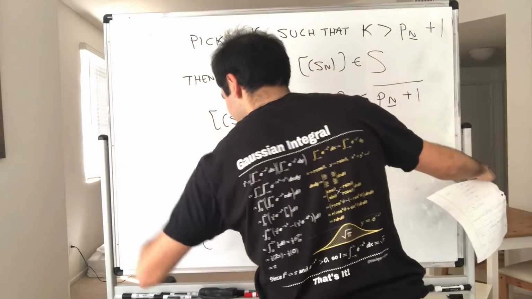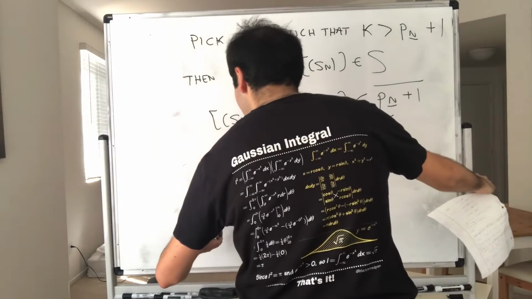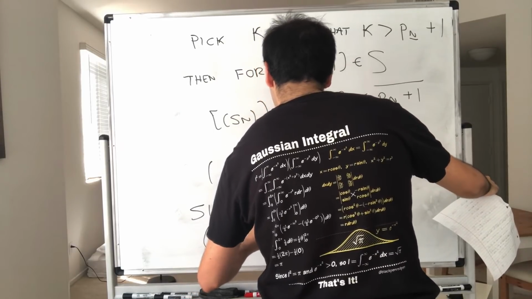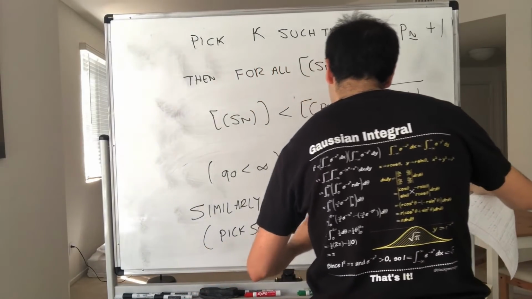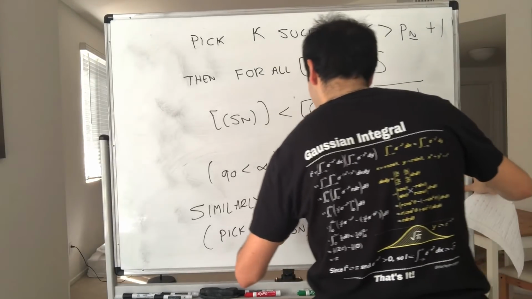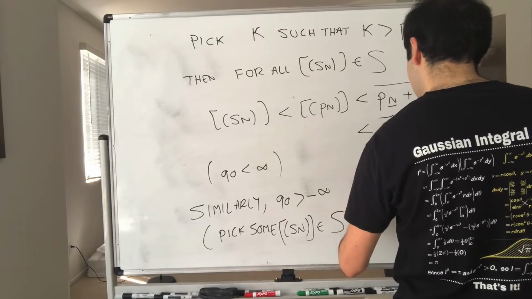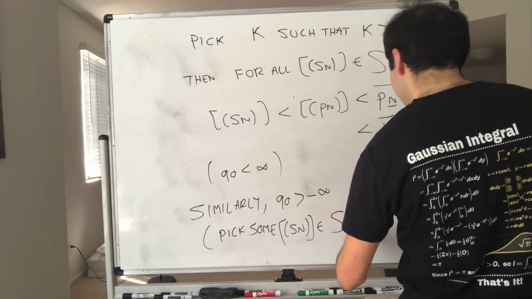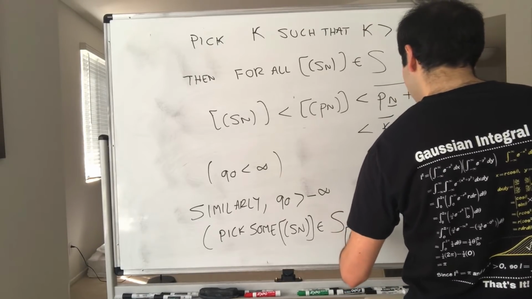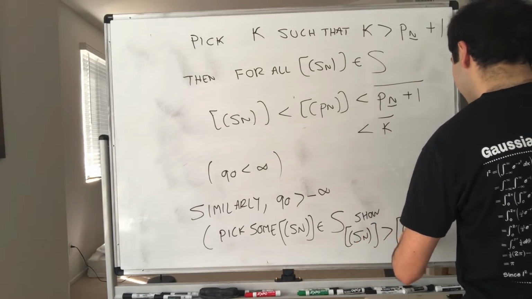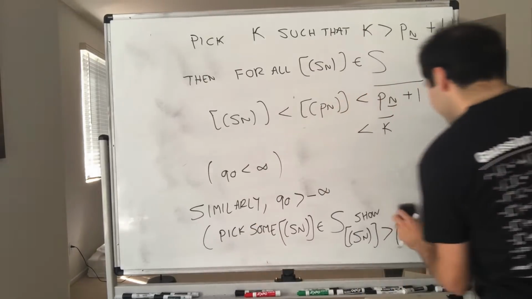So let me just summarize. Pick some Sn, doesn't matter which one, in S. And then basically in the same manner, you can show that Sn has to be bigger than the constant sequence S capital N minus 1.